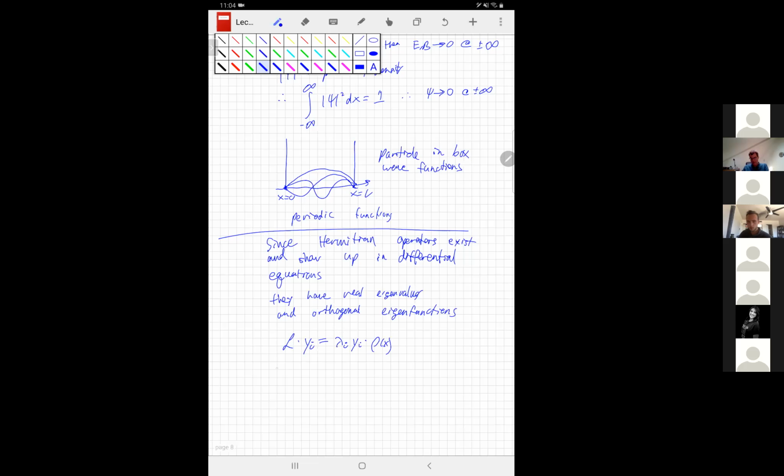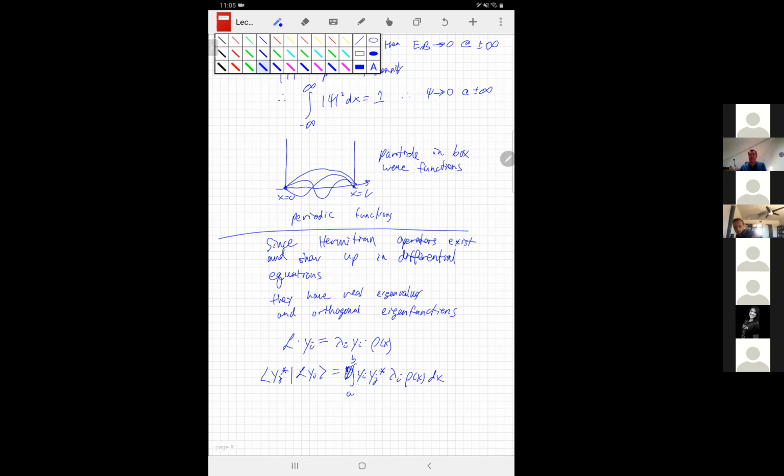Then you take y_j star, and when you take the inner product, you get the integral from a to b of y_i y_j star lambda_i rho of x dx.